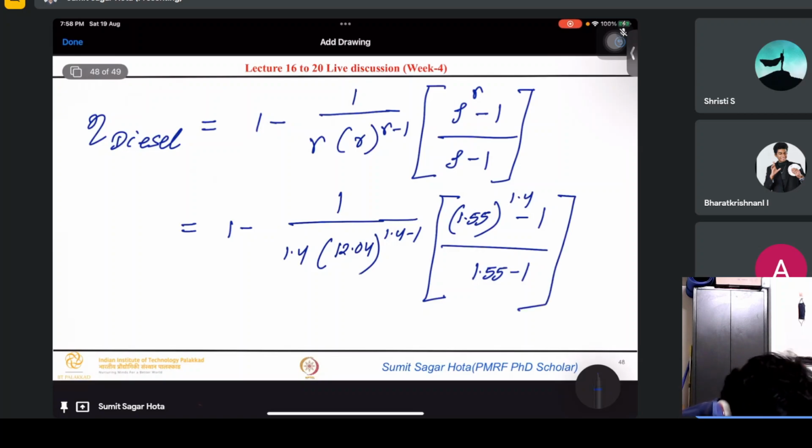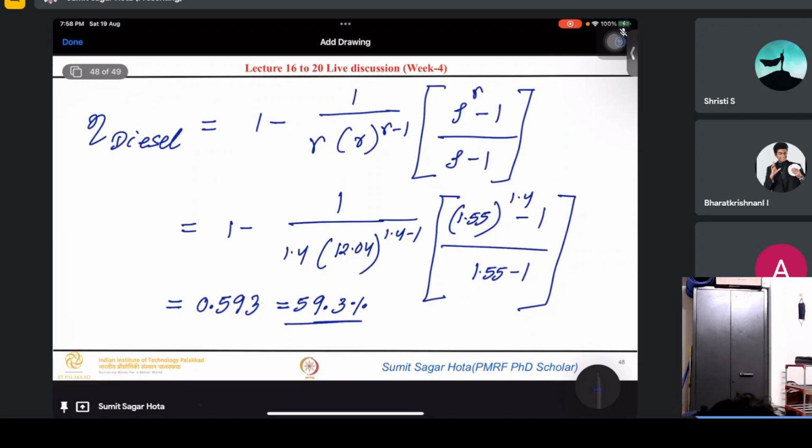Okay, what is the answer? 0.593, 59.3%. Okay, this is the answer.